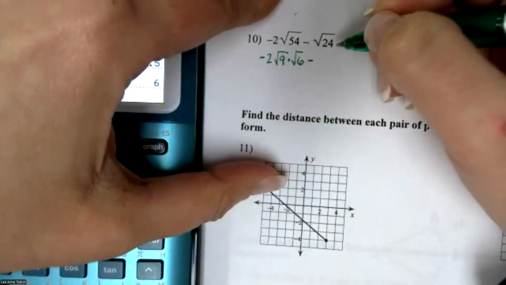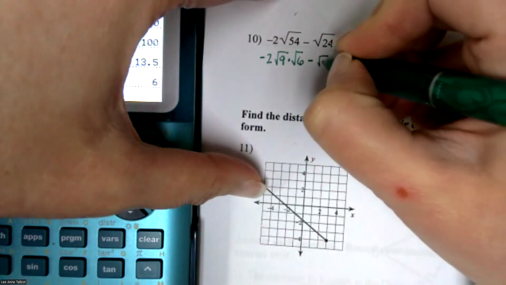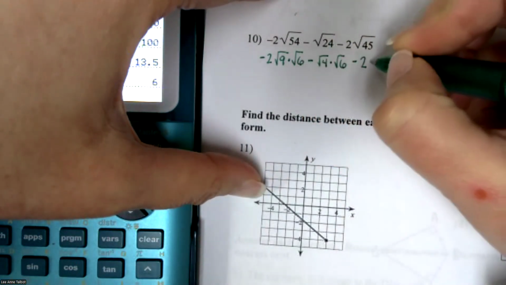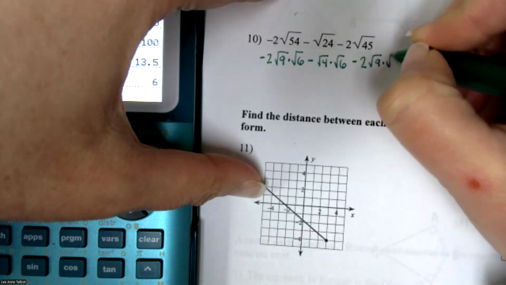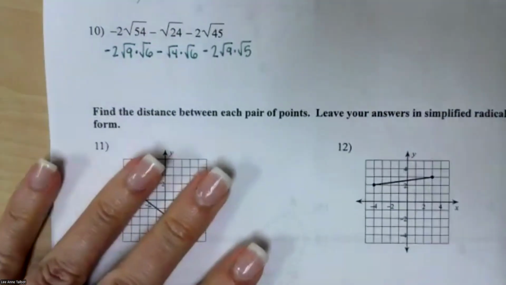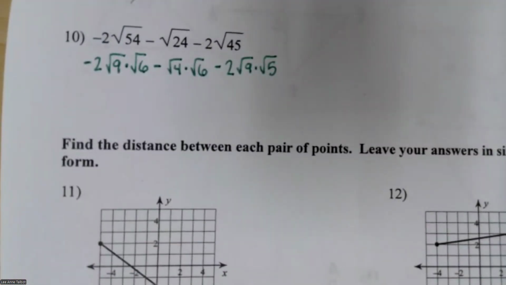And 24 is divisible by 4, right? And 9. Okay, so far?